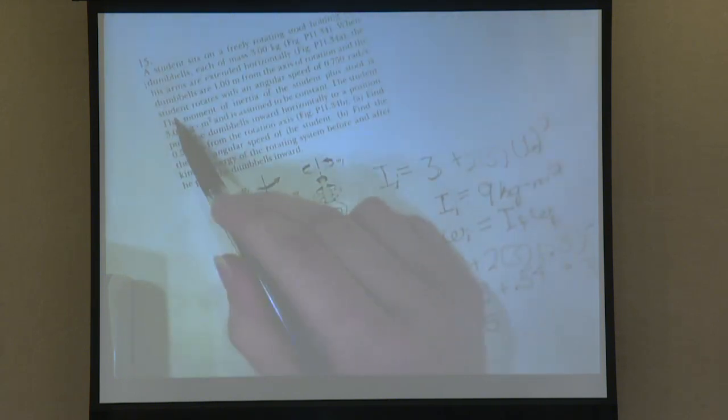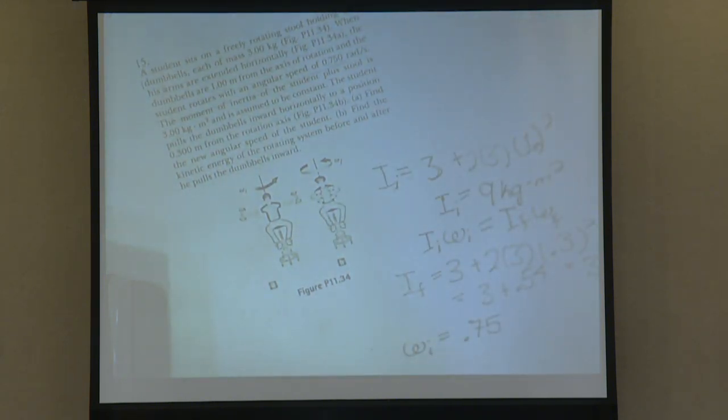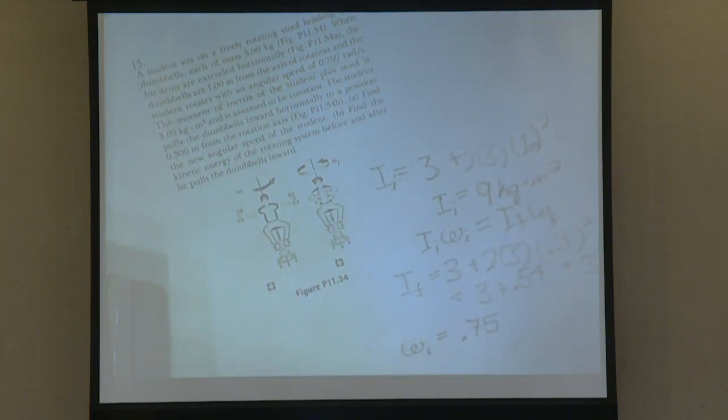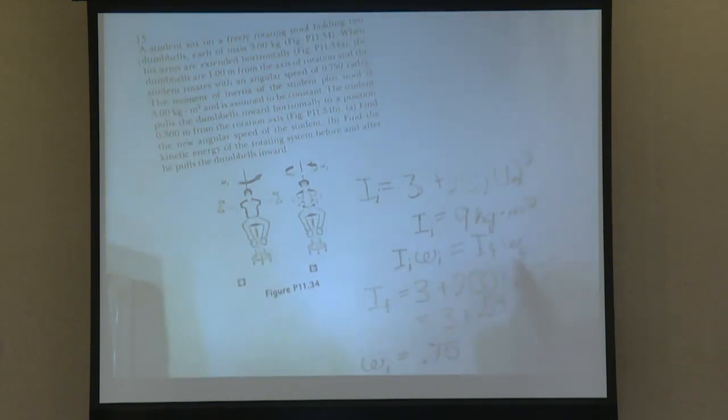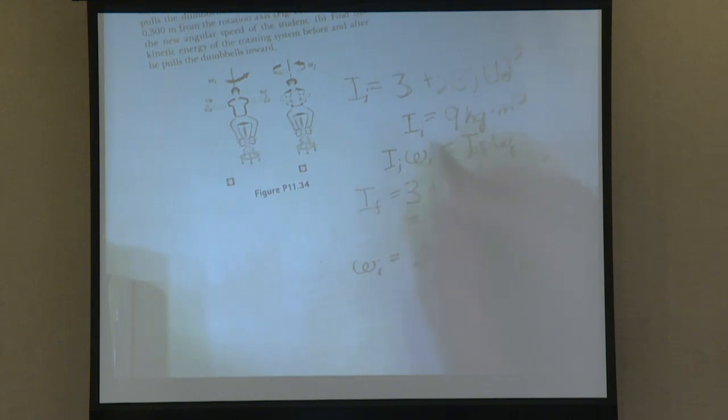Okay, the student rotates with an angular speed of 0.75 radians per second. So what you need to do is find the final angular velocity. You can just plug everything back into the formula we wrote up here. So we have 9 times 0.75 equals the final, which is 3.54, times our final angular velocity.